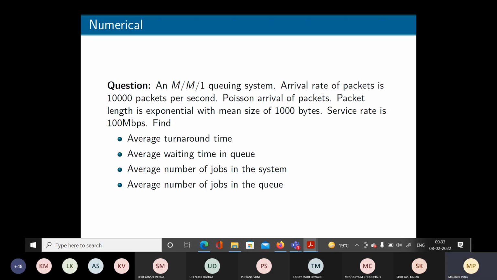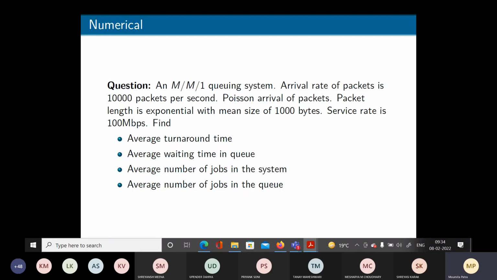So can we start with a numerical today? I am giving you a numerical here. You have an M/M/1 queuing system, and the arrival rate of packets is 10,000 packets per second. That is, lambda is 10,000 packets per second. You have a Poisson arrival of packets.